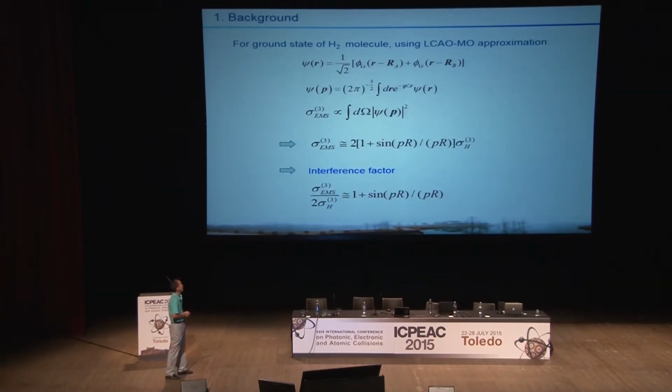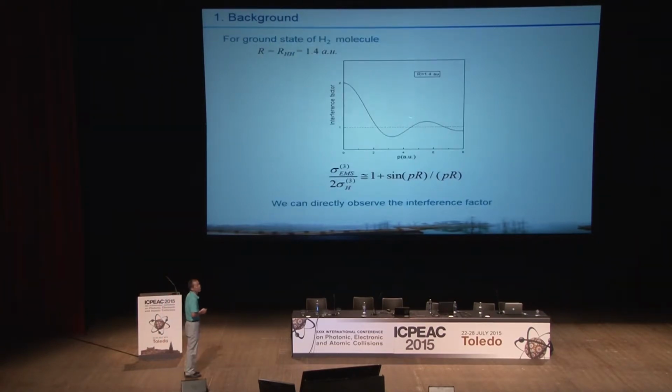So we can get the interference factor using this formula. We can observe the interference effect by plotting the interference factor. This figure shows the interference factor, so we can directly observe the interference factor in experiment.